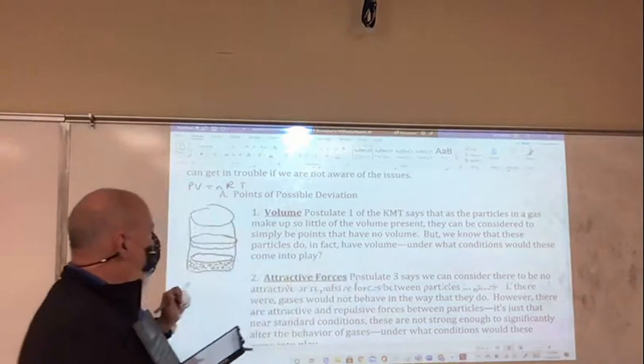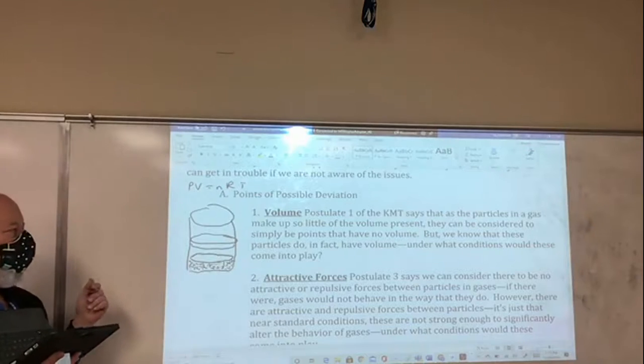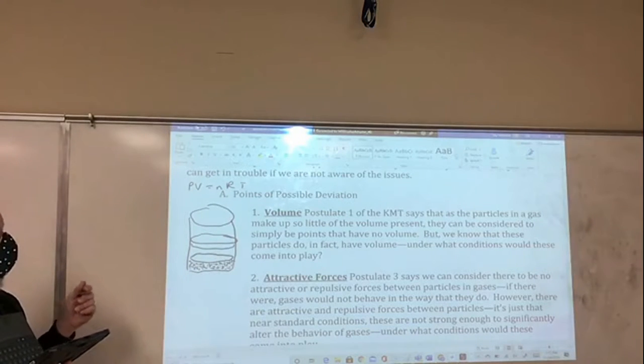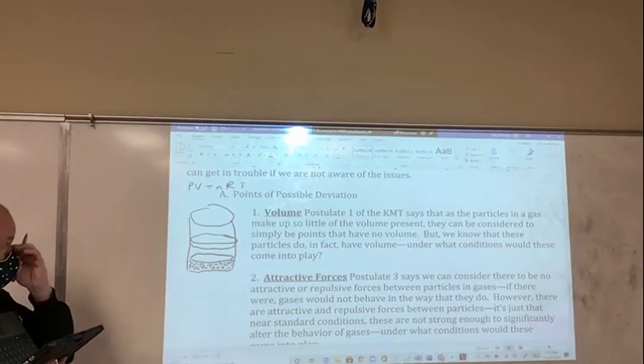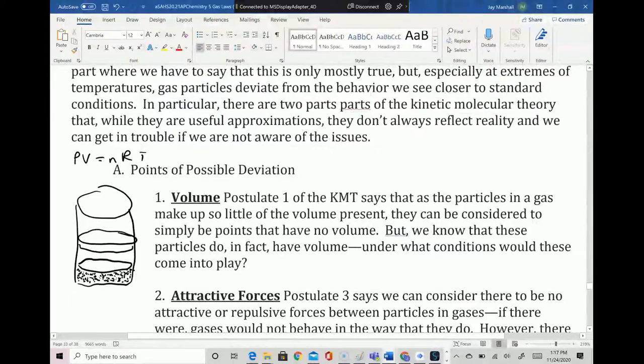We know that these particles do in fact have a volume, but we pretend that they don't have a volume, okay? So we've got a little bit of a clue up above where we've said we have to say this is mostly true, especially at the extremes of temperatures.